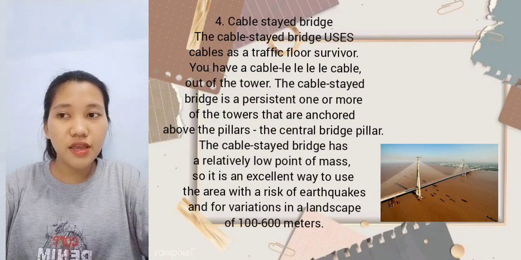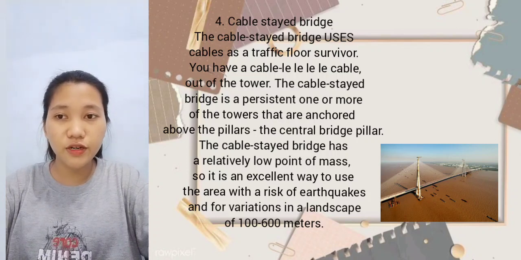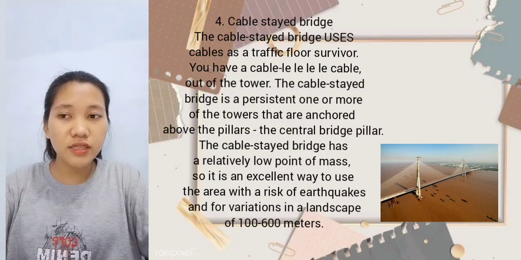Fourth, cable stay bridges. The cable stay bridge uses cables as a traffic flow support. You have a cable out of the tower. The cable stay bridge is supported by one or more towers that are anchored above the pillar, the central bridge pillar.